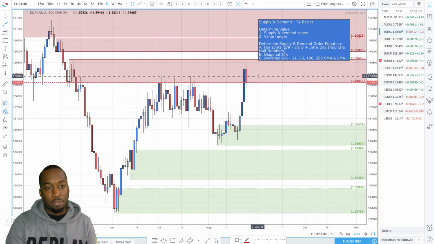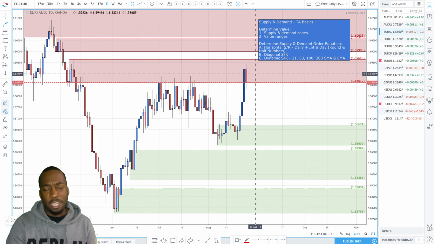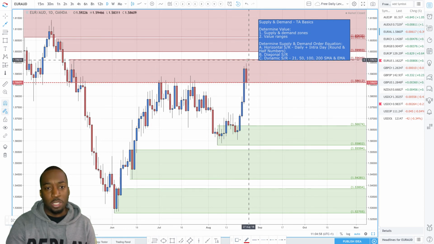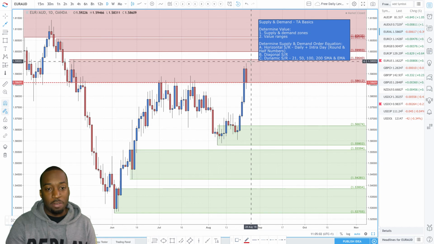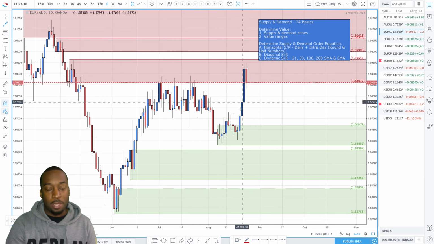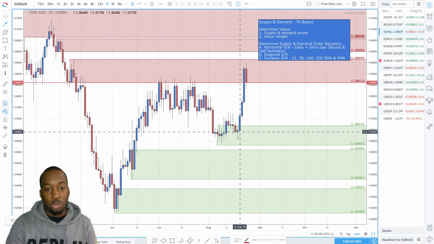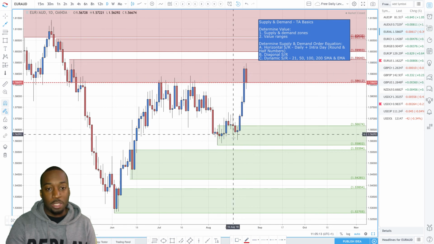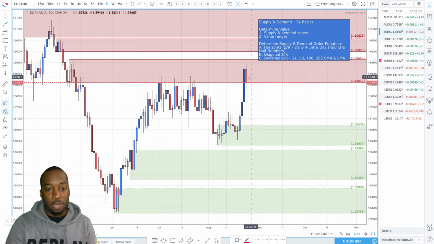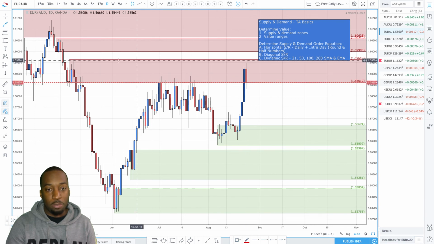I think there was a new governor that was announced or something, anyway, with the Australian government. A bit of calm came into the market, so now we're getting some profit taking potentially from any traders that bought down here in this demand zone, right? And then actually this wasn't a demand zone last week, to be fair, but it created a demand zone when it moved higher.